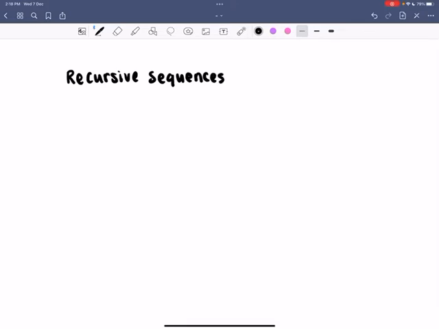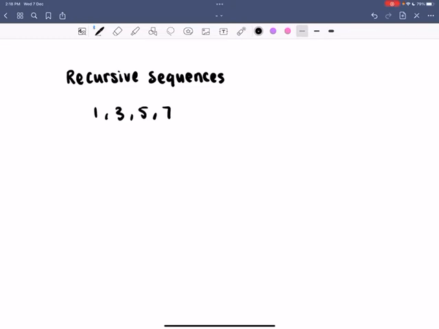And basically, a recursive sequence uses the previous term to find the next term. For example, if you have 1, 3, 5, 7, you just add 2 on from the previous term. So you need the previous term to find the next term.